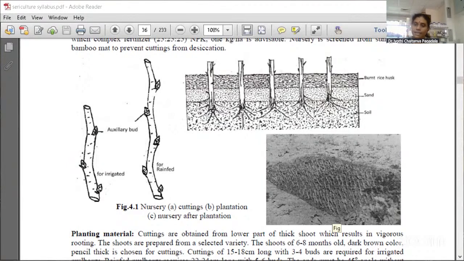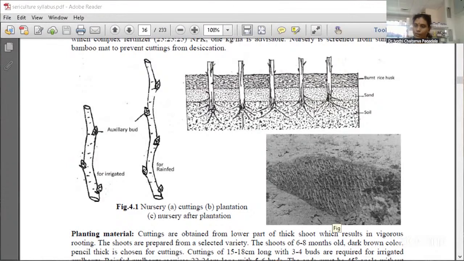Here we can easily supply the water because there is a distance between two plants. Our soil is already porous, so if we apply water or nutrients, it will definitely absorb. Depending on the water requirements, the beds are irrigated once in 4 to 6 days.